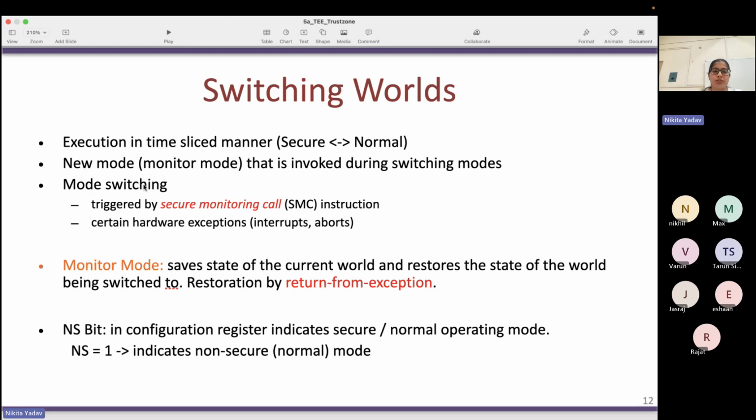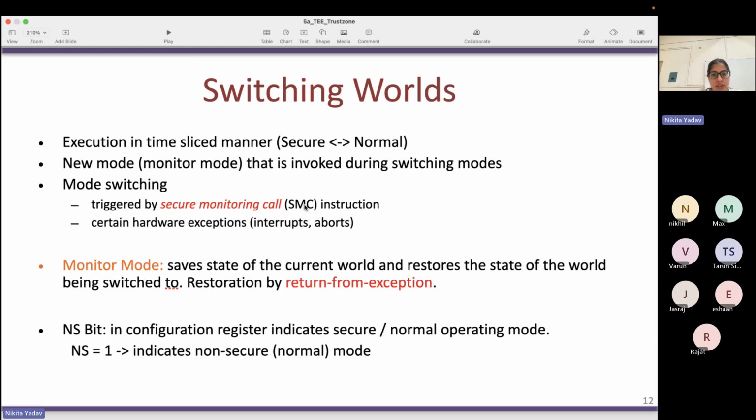Now, how does the mode switching happen? For this, ARM TrustZone uses a new instruction which is part of the ARM ISA, which is the secure monitor call, in short the SMC instruction. The instruction is just SMC, and then something like hash 0, and you can see it in the code as well.